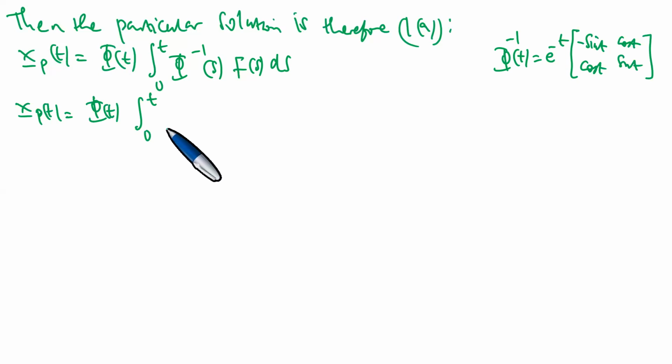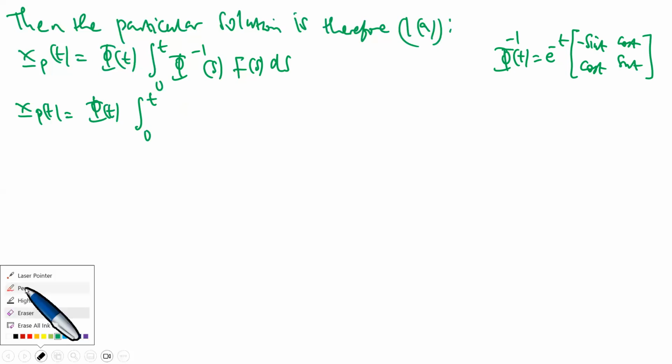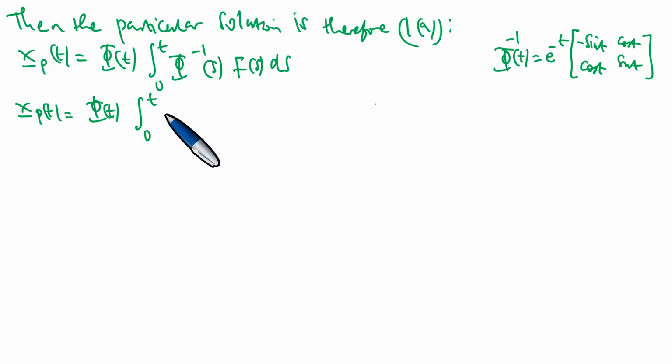Okay. Now this phi inverse of s. This is of t, but now in the formula we have the symbol s for the particular solution. So it means that we're going to replace every t by s. Okay, let me not congest things a lot. Let me just remove these parentheses here and write e to the minus s here, minus the sine of s, cosine s, cosine s, the sine of s.